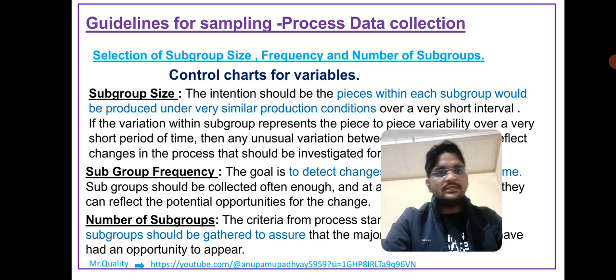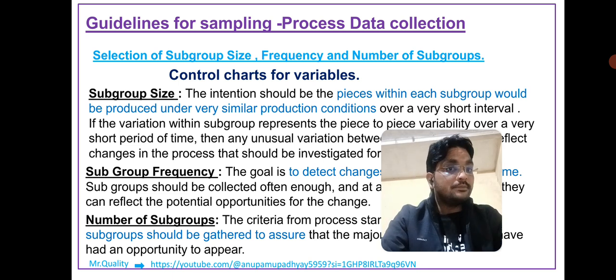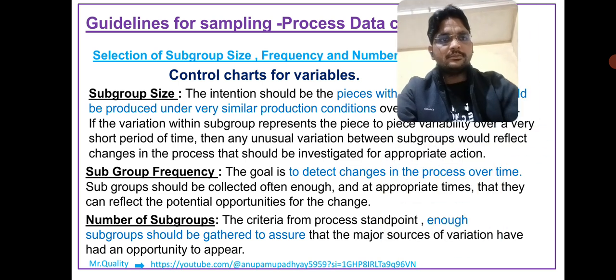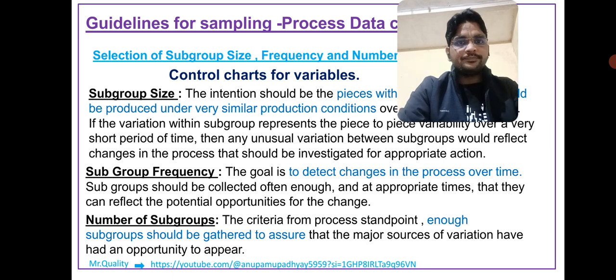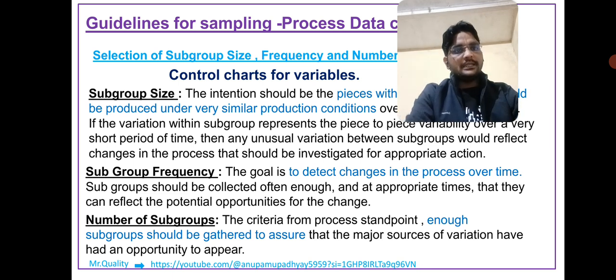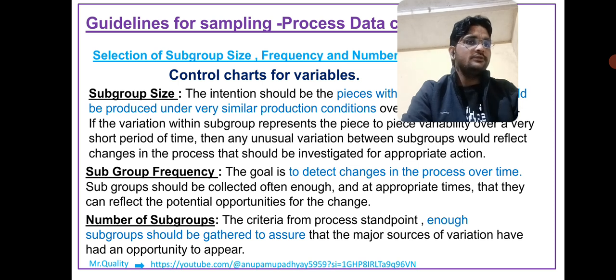If the variation within the subgroup represents piece to piece variability over a very short period of time, then any unusual variation between subgroups would reflect changes in the process that should be investigated for appropriate actions. On subgroup frequency, the goal is to detect changes in the process over time, and subgroups should be collected often enough and at appropriate times that they can reflect the potential opportunity for changes.